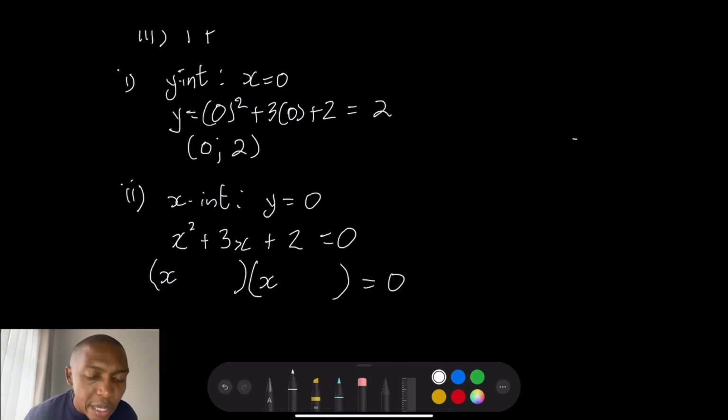Now listen to the question I'm going to ask. First of all, what are the factors of 2? Note, I'm going to do this in a different color. What are the factors of 2 such that when I add them, look at this.